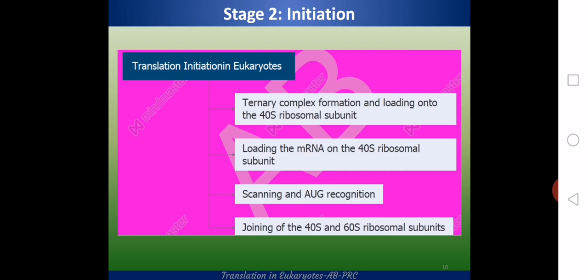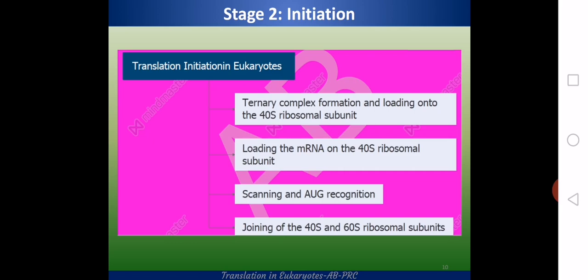This is also a difference between prokaryotes and eukaryotes: in prokaryotes multiple ribosomes normally attach to the same mRNA, and you can see a polyribosome structure. But in eukaryotes there is usually no polyribosome structure; instead the same ribosome will translate an mRNA multiple times.